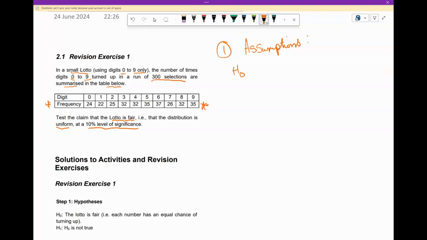Okay, so what is our H0? Our null hypothesis. The distribution is uniform. The distribution is fair. Okay, so here you can say the lottery is fair.